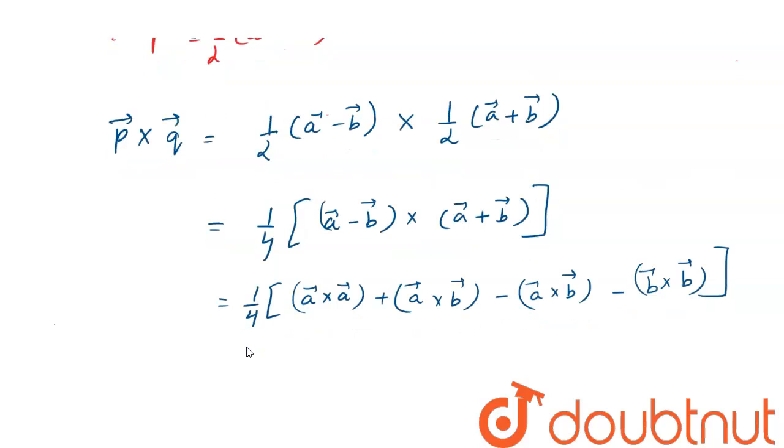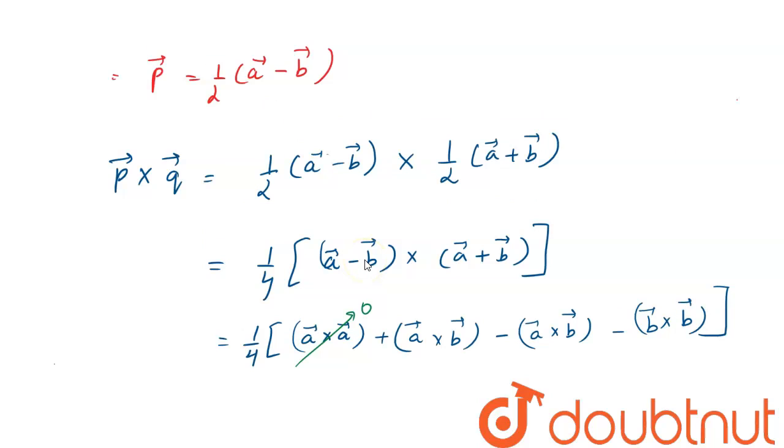Okay, so now A cross A vector will be 0, since the cross product of two same vectors is 0. Similarly, B vector cross B vector will be 0, and we know that minus of A cross B vector is equal to positive A cross B vector.